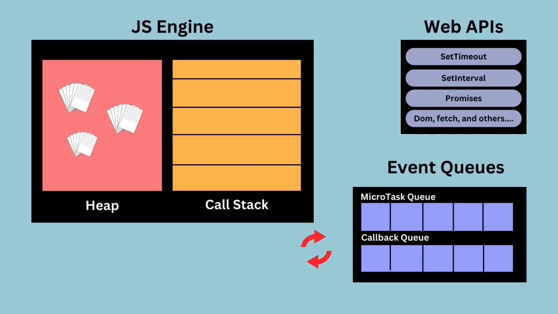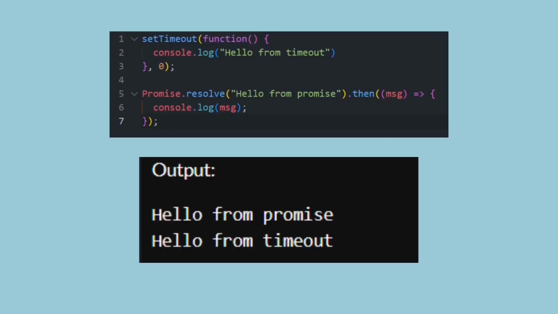I can give you examples of web APIs which go into the microtask queue and which go into the callback queue. setInterval and setTimeout both go into the callback queue, and promises go into the microtask queue. Let me explain with an example. If we execute this script, first the hello from promise will be printed, then hello from timeout will be printed.